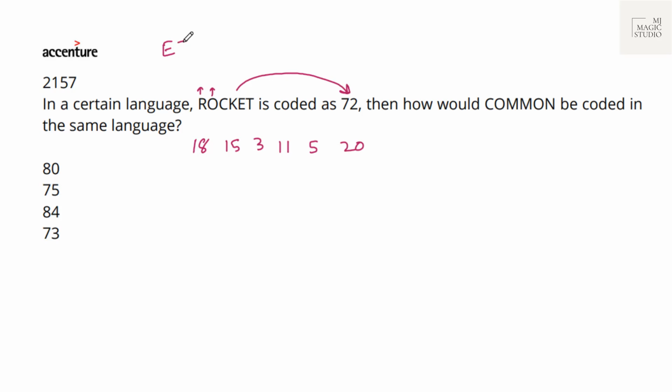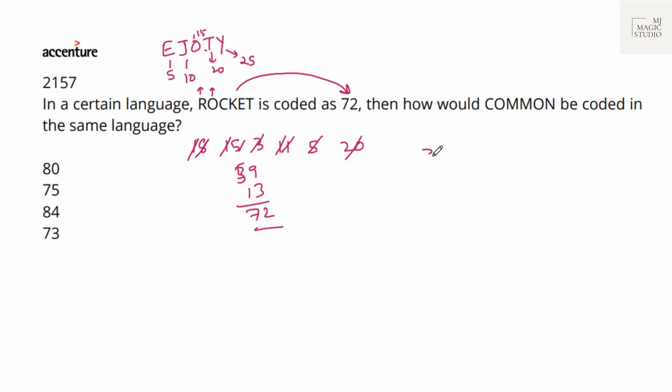The very easy way to remember these is EJOTY, electronic jyoti. This is 5th, this is 10th, O is 15th, T is 20th, and Y is 25th letter in the English alphabet. So 20, 30, 36, 39, and 20 is 59, and 13 is 72. Bingo. They are just adding it up.